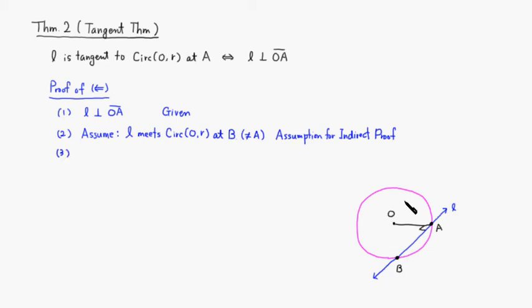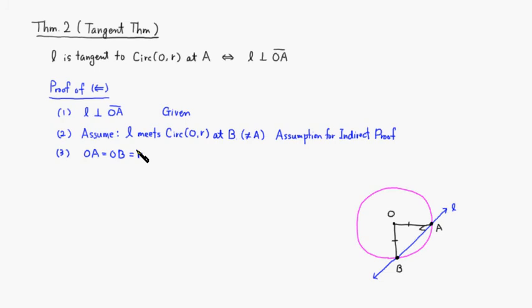if you look at OB, that's actually another radius, so this is congruent to that. So we know that OA equals OB equals the radius.